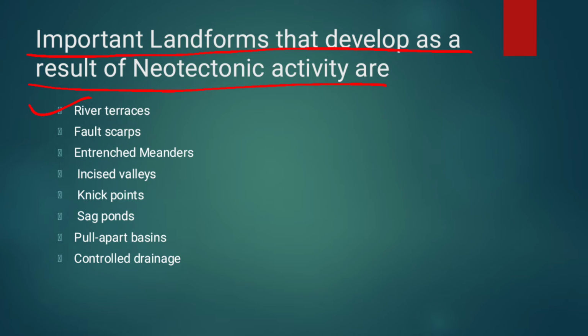It is a geomorphic feature, because the river floods, cuts, floods, cuts again. Terrace means steps. This is a terrace, like this.